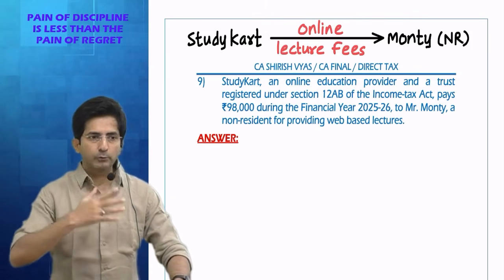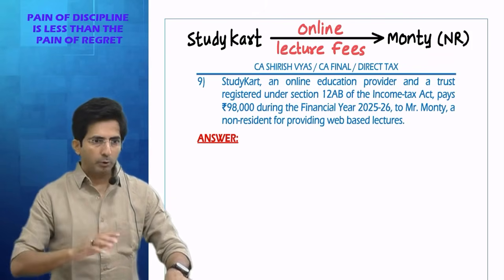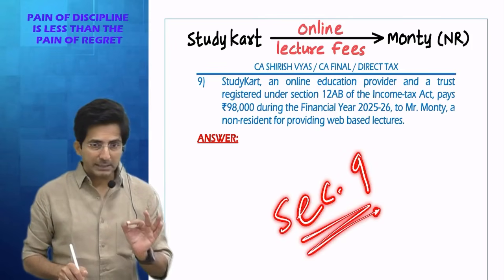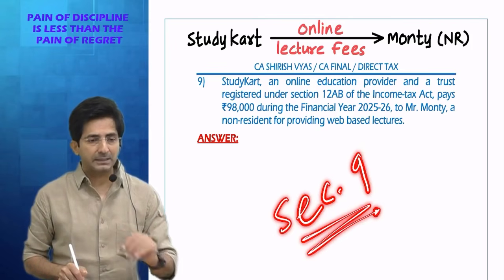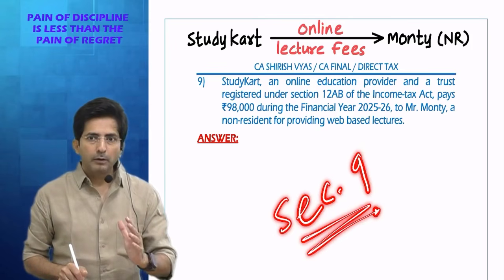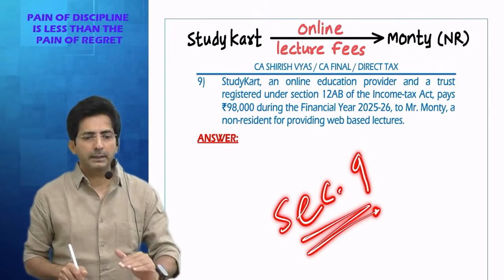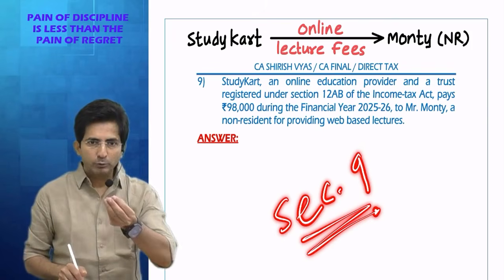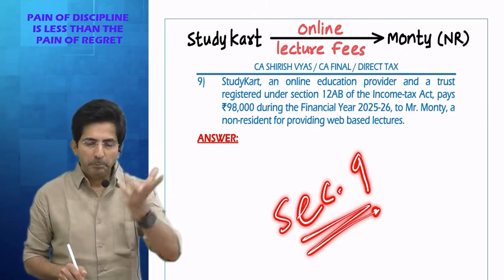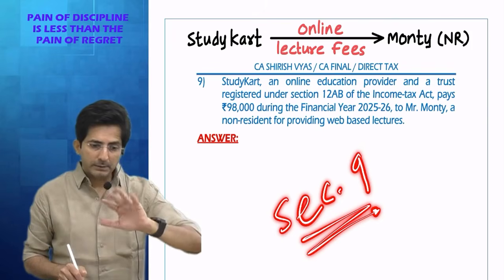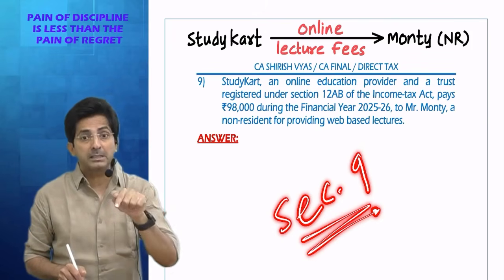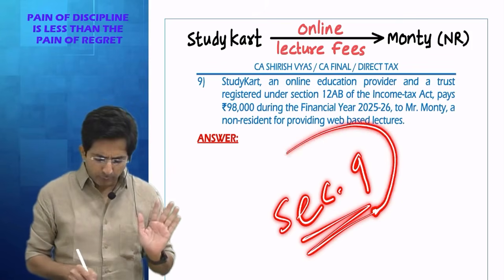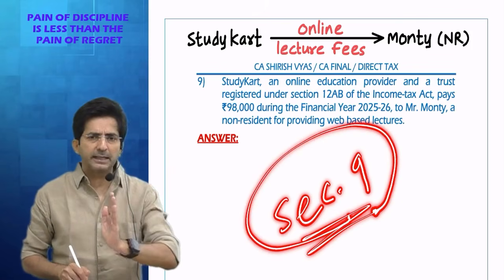This point I was not expecting you to know, because I have not yet explained section 9. There is one section 9 which I will teach in NR taxation. There you will come to know how to figure out whether income has accrued in India or not. Right now I just gave you a small glimpse that for PGBP people, income is said to arise in India if they have a permanent establishment in India. This is just rough knowledge I gave. Actually, you have a detailed explanation in section 9 which will come later.